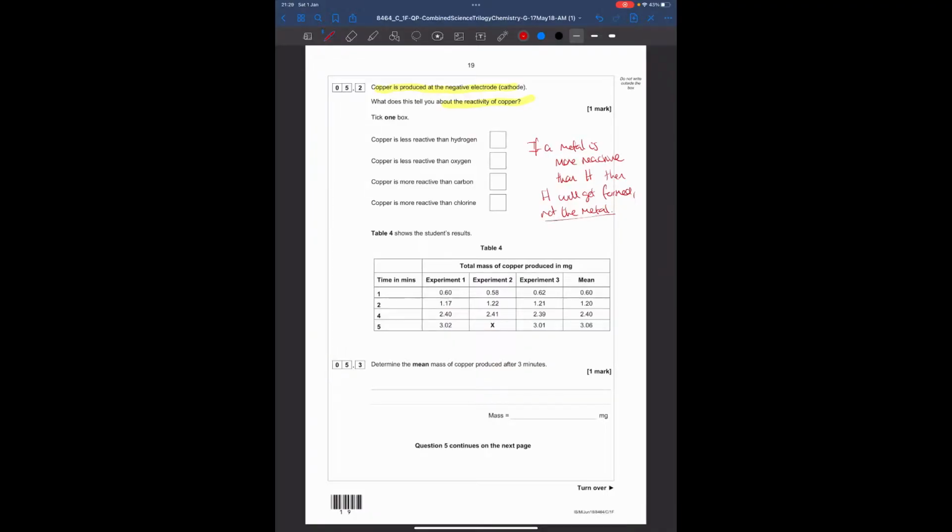But if the metal is less reactive than hydrogen, in reverse, then that metal gets formed instead of hydrogen. So that is just a key rule.